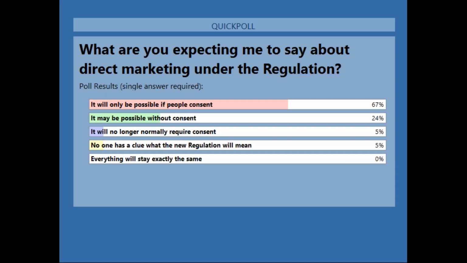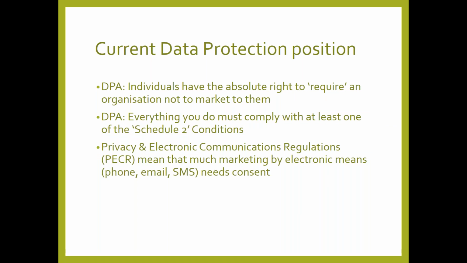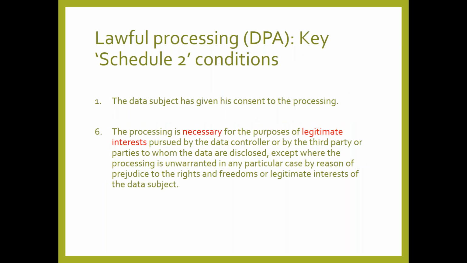And this is really important, because I think there's been quite a lot of panic about what the new regulation is going to say, and it's not necessarily spot on in terms of what the regulations are going to require us to do.